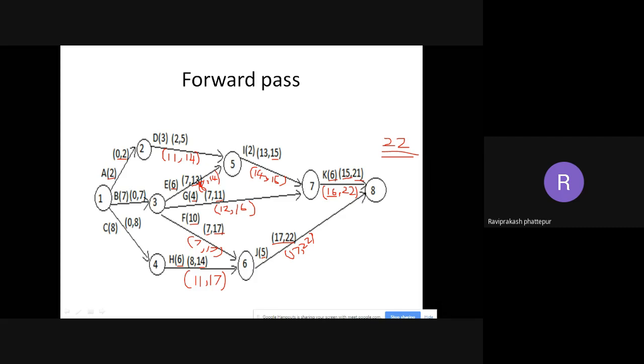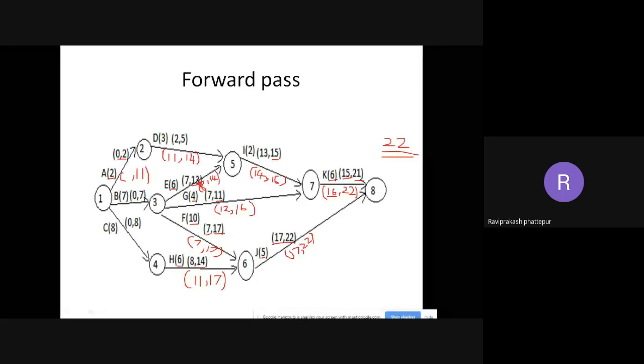Now we are going back again. Now coming to A1. A1 will end at 11, so this is the start, right? A1 will end at 11, comma, 11 minus 2. What is 11 minus 2?